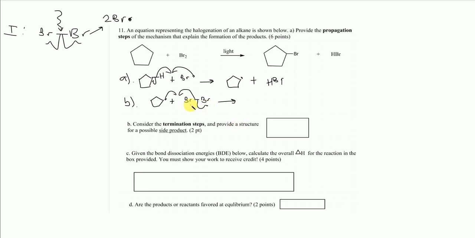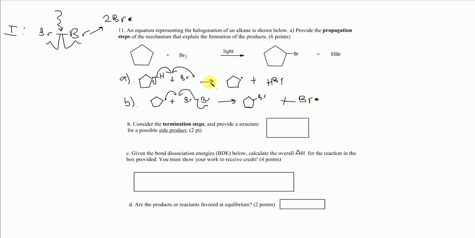And the way you know that you're not reacting this with just a Br radical is because this is called propagation, right? So we're going to see real soon why this is called propagation. So what's created? I made this plus another Br radical. And Br radical is what allows this system to keep going, right?